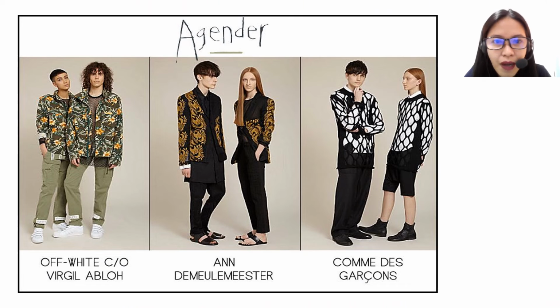So these are examples also of a gender in which they are gender free or gender neutral. Kaya yung nangyayari sa fashion natin is meron na tayong mga gender neutral na fashion style because it does not reflect any gender, but it's a gender free or gender neutral fashion style.